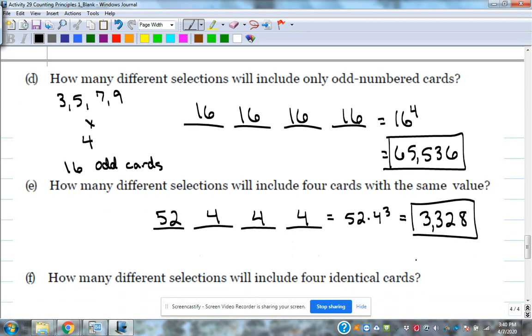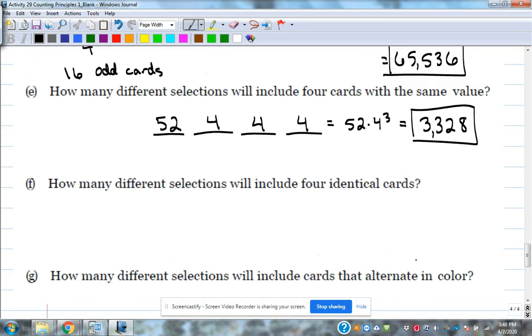Okay. I have a similar idea for F. How many different selections will include identical cards? So identical means 3 of spades, 3 of spades, 3 of spades, 3 of spades, 4 of the same card. So 4 of a kind. So we got 4 blanks again. And again, like part E, the first card we draw decides what we're looking for next.